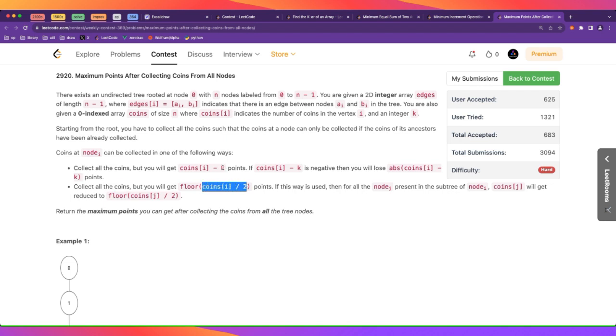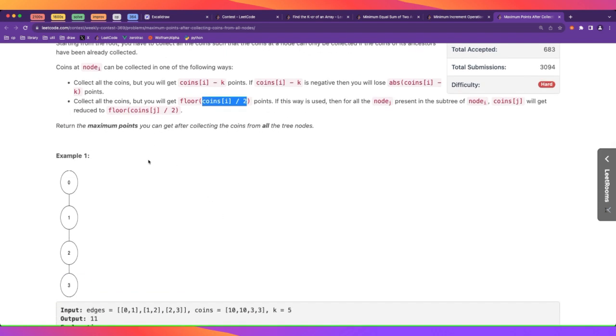So if k is big, maybe the first becomes negative, and in this case you'll get non-negative points, so it might be better, but then all the nodes in the subtree also get divided by 2. So that's the catch. So at each point you need to choose which one of these two points schemes you choose.